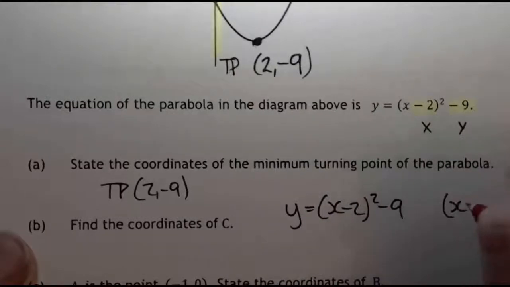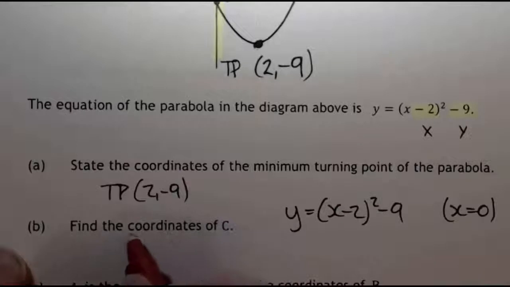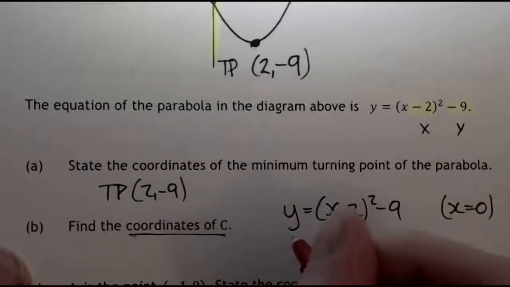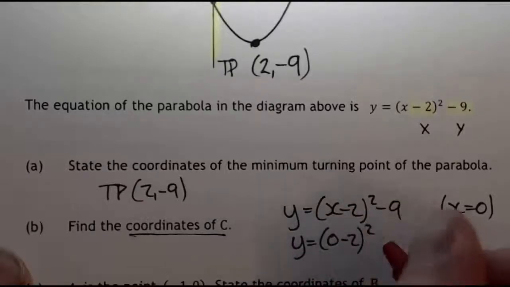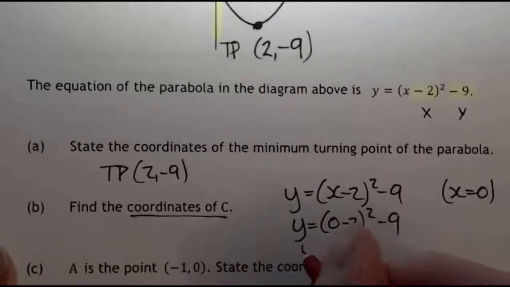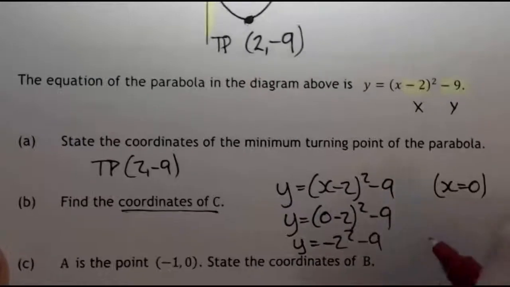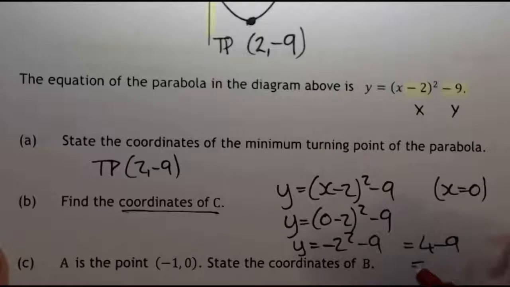So when x is equal to 0, that is when we can work out this coordinate, because it's just the y-intercept. So y equals 0 minus 2 squared minus 9. So tidy this up, so that's y equals minus 2 squared minus 9. That equals 4 minus 9, which is equal to minus 5.